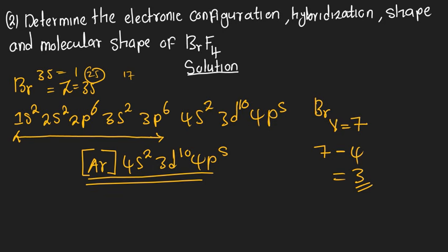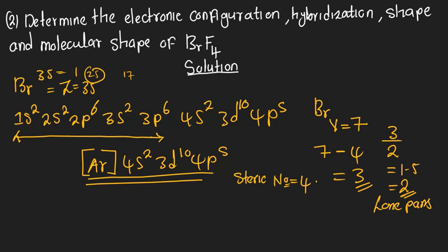Then you divide it by 2. So 3 divided by 2, you're going to get something like 1.5, which you can round off as 2. So these are the number of lone pairs. Then you say steric number is equal to the number of bonds plus the number of lone pairs, which is 2.